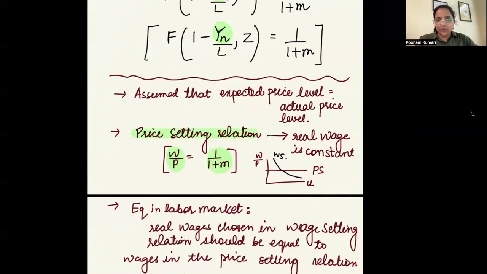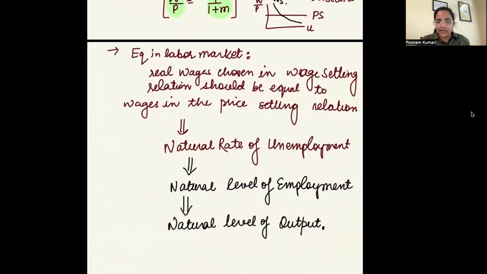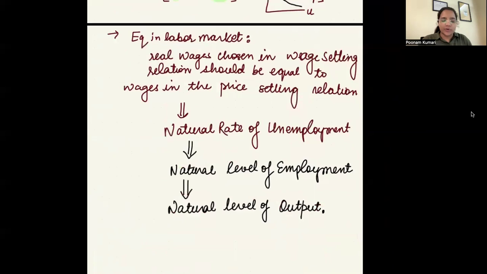Wage determination came, price determination came. Those two things came into picture together. Wherever the wages were equal from both the sides, whatever was the rate of unemployment associated with it was called the natural rate of unemployment. Based on that was the natural level of employment and natural level of output. So this is our entire story.